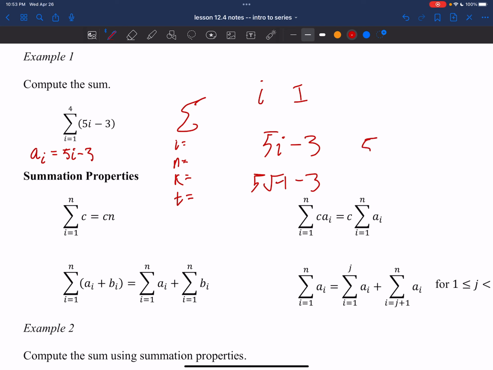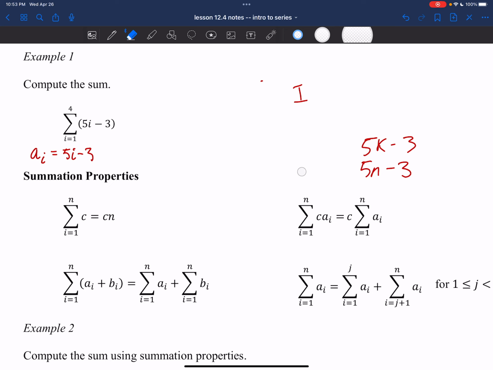I'd rather write something like 5k minus 3 or 5n minus 3, personally. But it is very common to use i like this. And I don't want you to get that confused with square root of negative 1, because true, i is the square root of negative 1, but in this context, that's not what this means, okay? I'm sorry if that's kind of confusing. Math, much like any language, operates within a context.